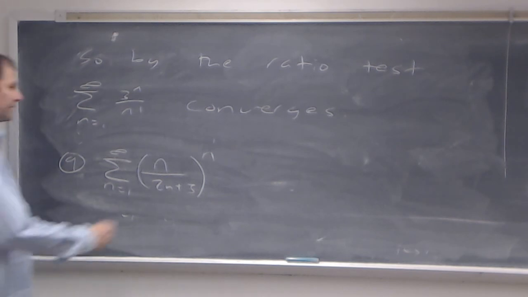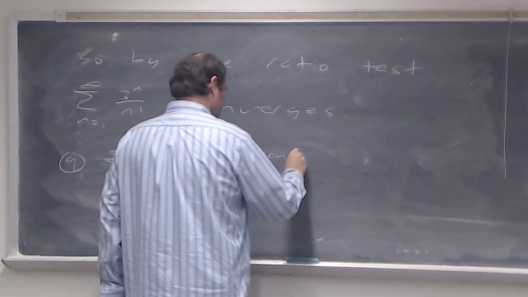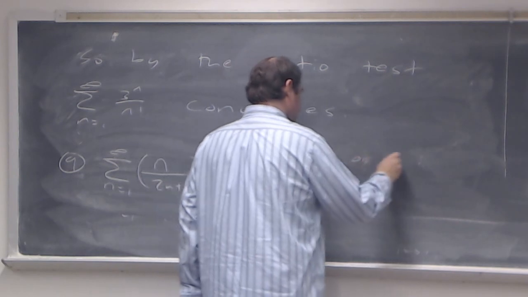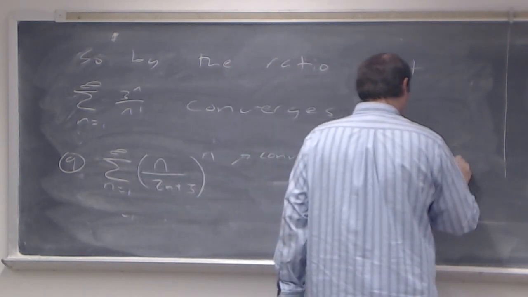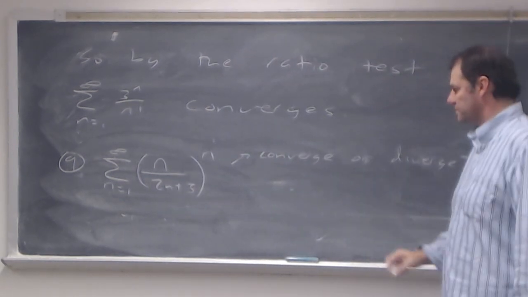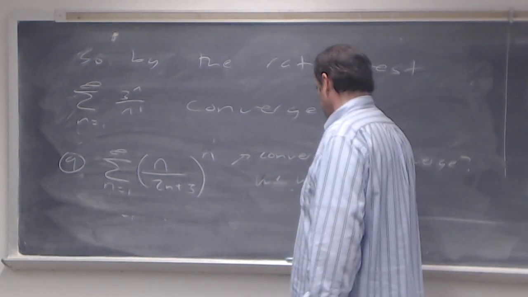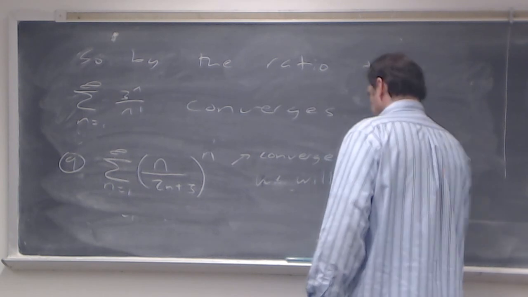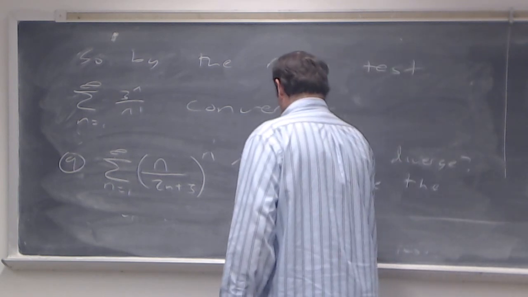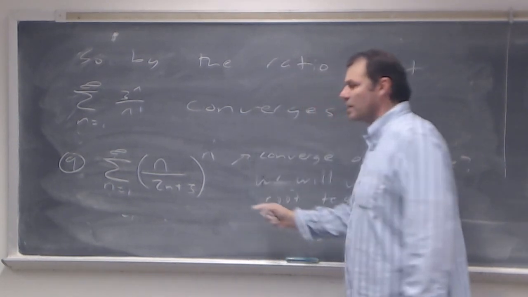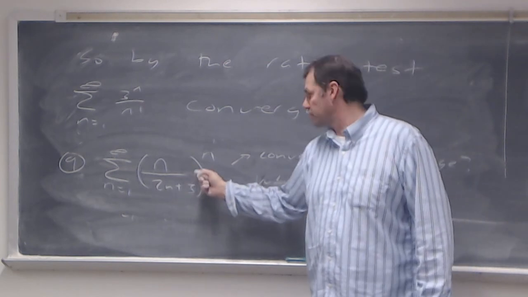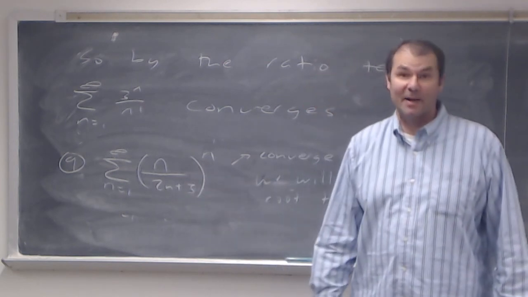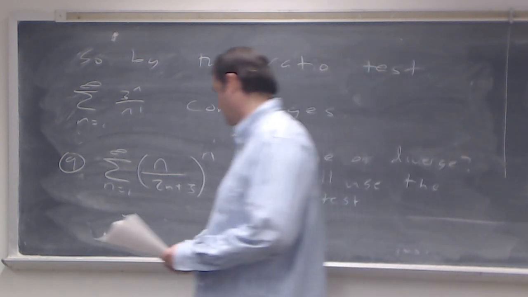We want to know, does this converge or diverge? A good way of trying to determine that is we will use the root test. What prompts me to use the root test is because we have something raised to the nth power, so the root test probably will be very effective here.